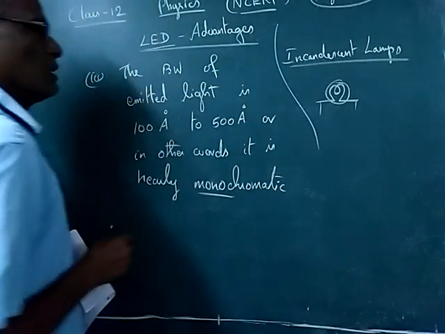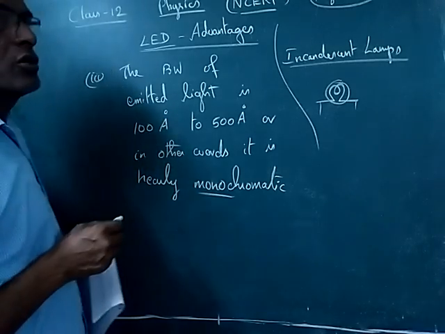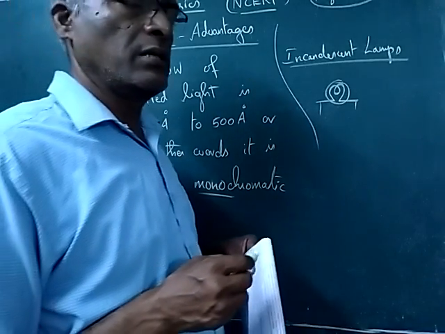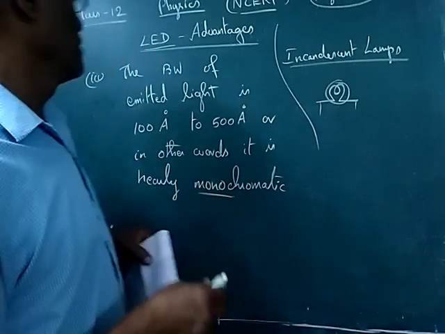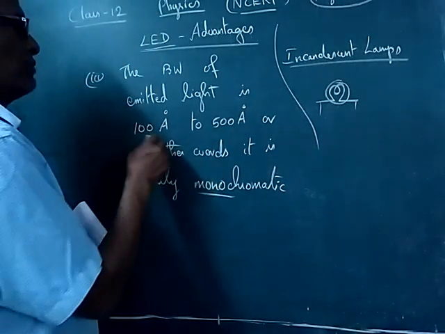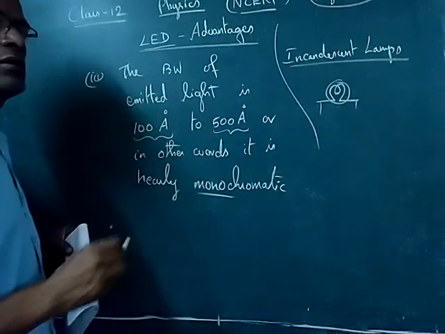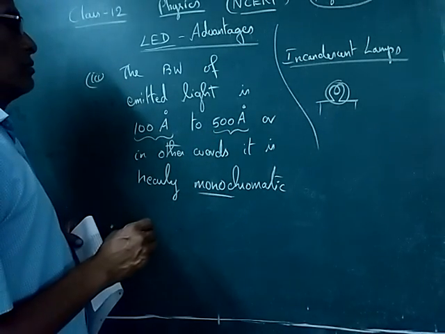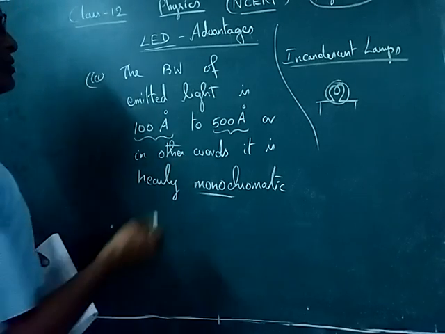Mono means single wavelength. 1 angstrom unit is 10 power minus 10 meters. So it has a bandwidth starting from 100 angstrom unit to 500 angstrom unit. If you want to convert that into nanometers, you can do it.